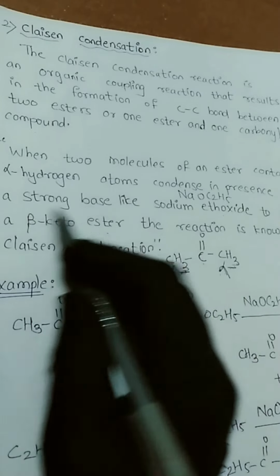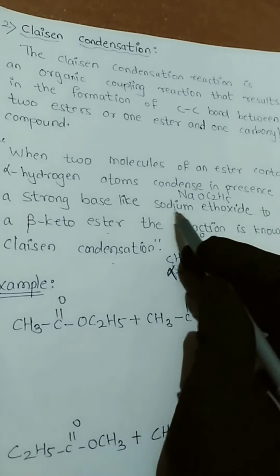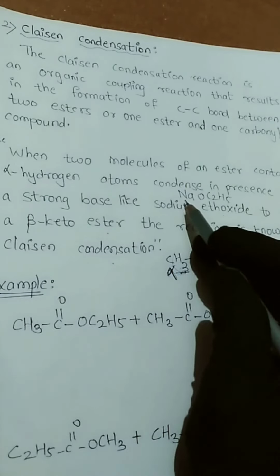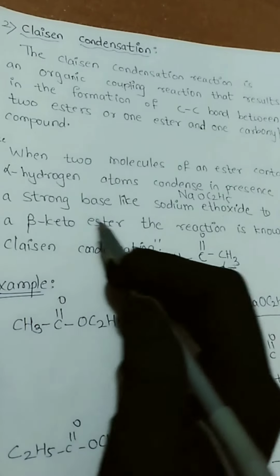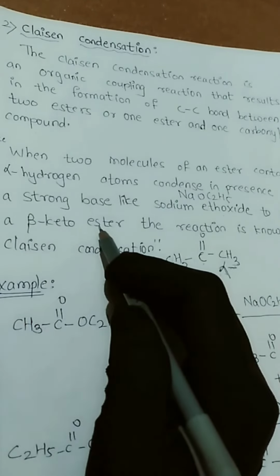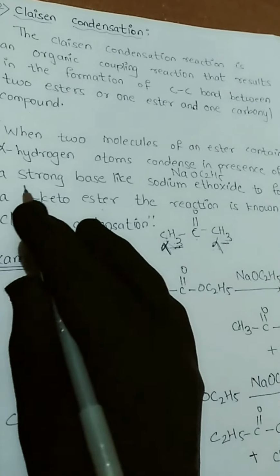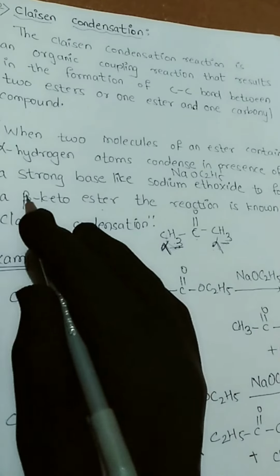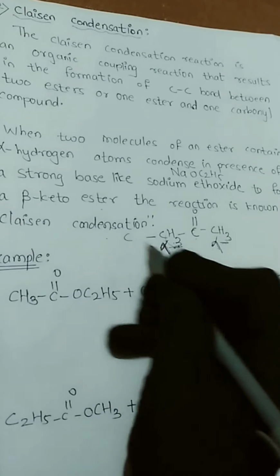You have to take a strong base like sodium ethoxide. Sodium ethoxide has the formula NaOC2H5, to form a beta keto ester. What we will get is a beta keto ester. If you want to know which carbon is called the beta carbon, it is the carbon which is next to alpha.